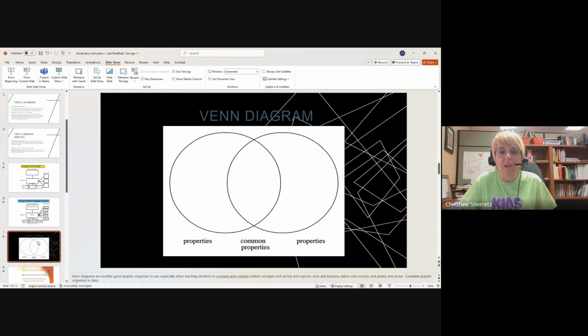And use that Venn diagram. So, a Venn diagram is comparing words, and you're going to have the property. The property is distinct for some words, and then how are those common properties?